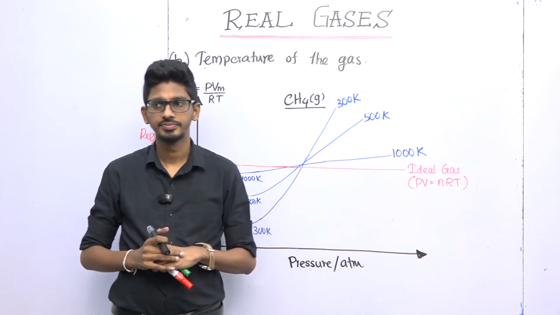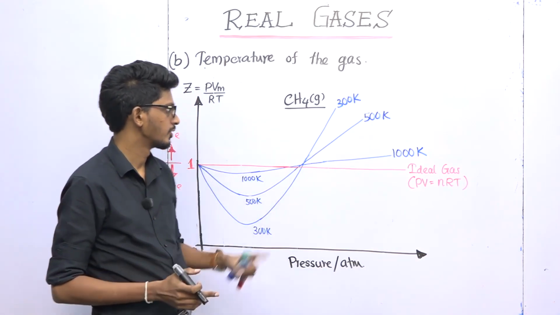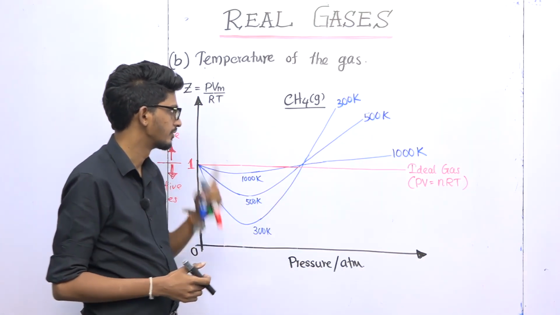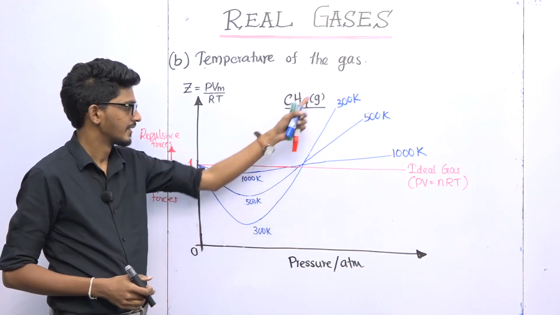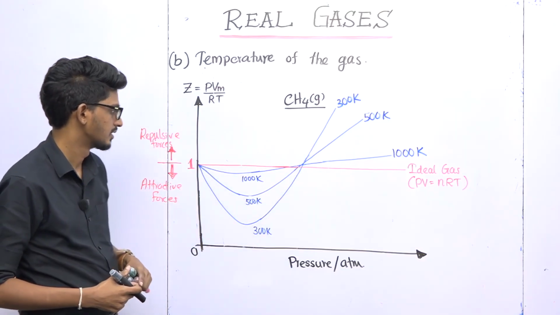Right. So you can draw this one. So complete this note now. Draw this one. This is for one gas considering different temperatures, showing how the compressibility factor varies. Okay, just complete.